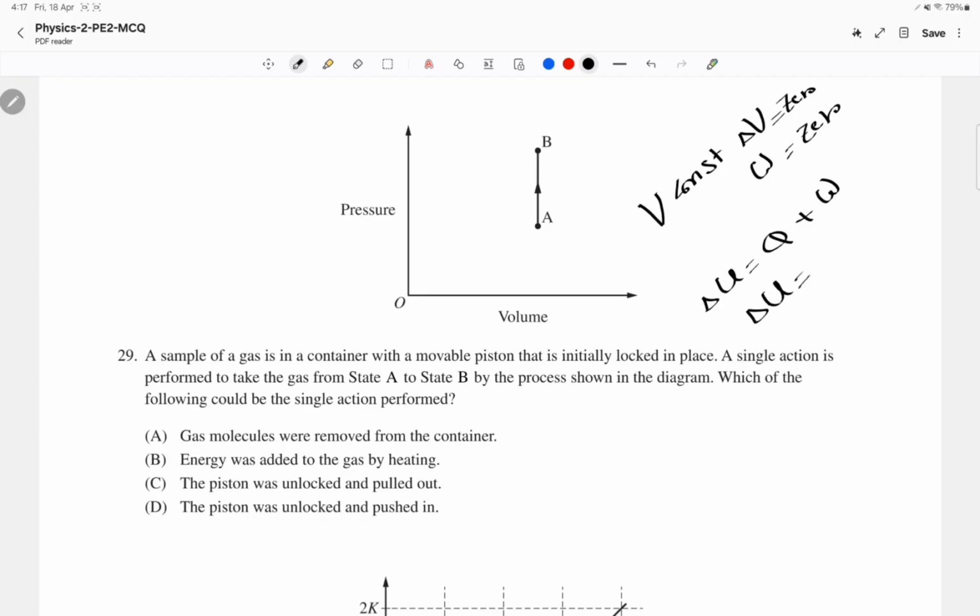So delta U is simply equal to Q. So the sign of Q depends on the sign of delta U. And as we go from A to B, the pressure in B is more than the pressure of A. That means temperature of B is more than temperature in A. And so delta U is positive because temperature increases. So Q must also be positive. So we're heating the system basically.